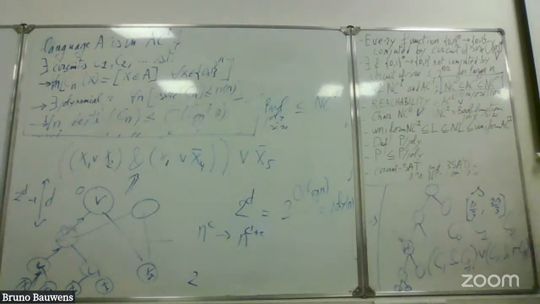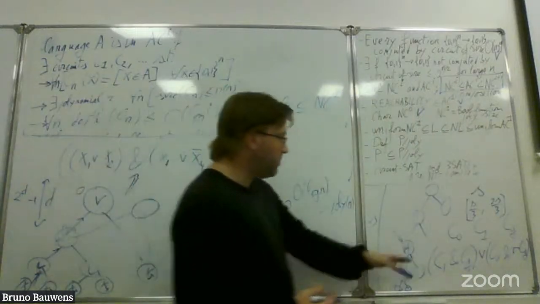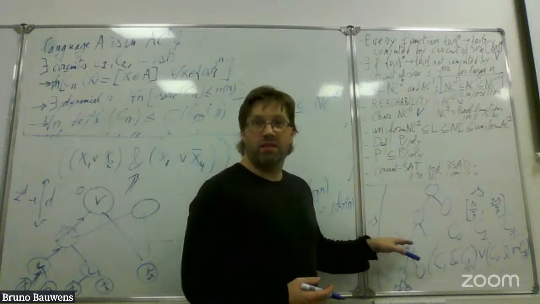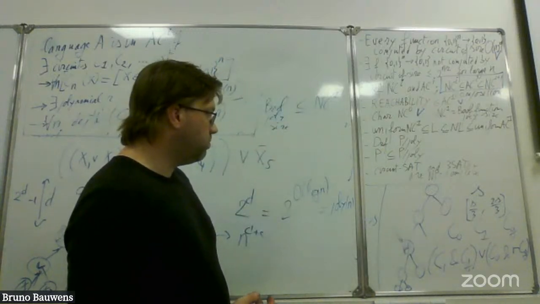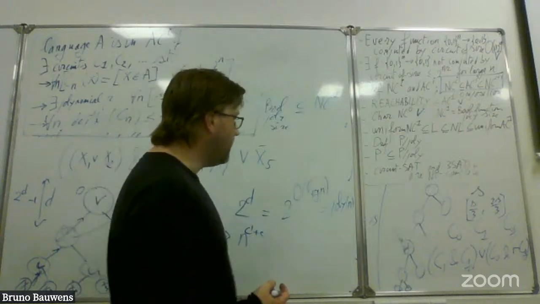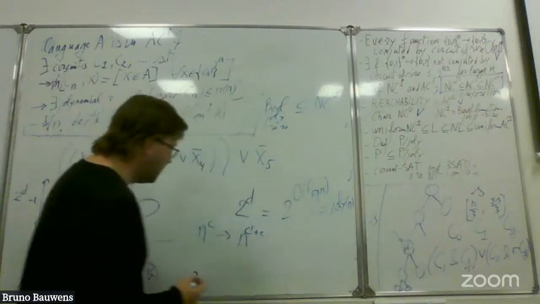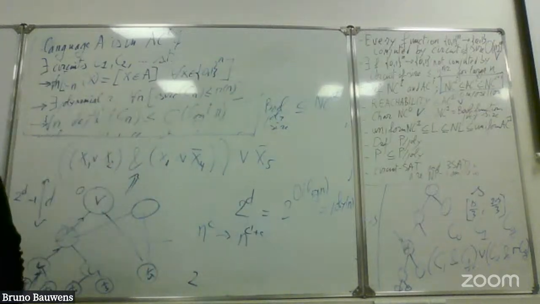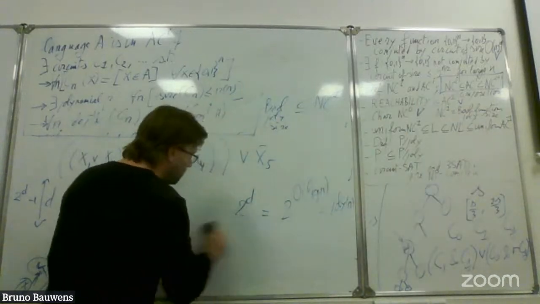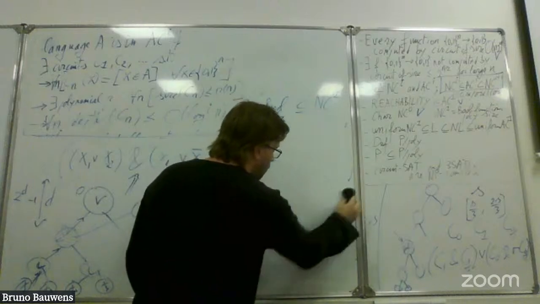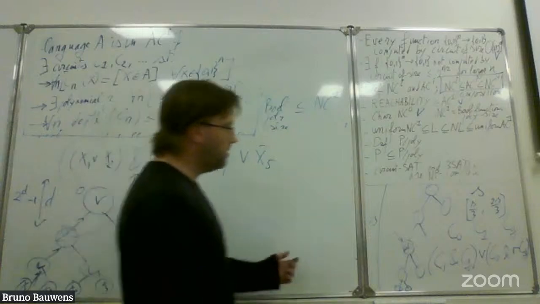So each time, what is the number of times we have to break our circuit? I say that if we keep breaking our circuit, we end up with a circuit of small size. Because each time we break the circuit, we decrease its depth.